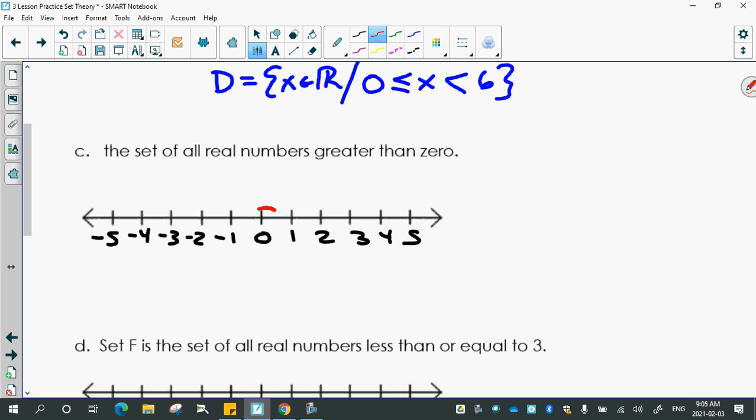Greater than 0, right? So 0 is not in the set, but 0.00001 is in the set. Everyone see that? And then every number greater than 0 is in the set. So up to infinity, they're all in the set. The way we show that is we go right to the end, and then we use our highlighter to make the arrow really big. So that shows all numbers bigger than 0 on the number line.